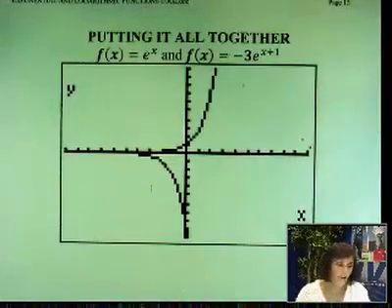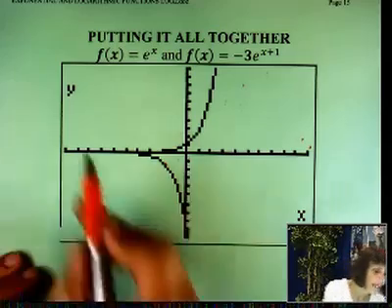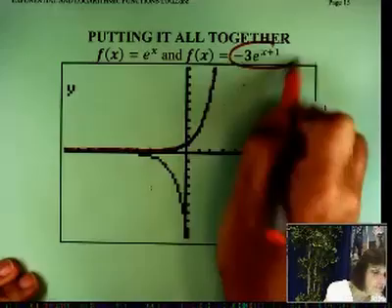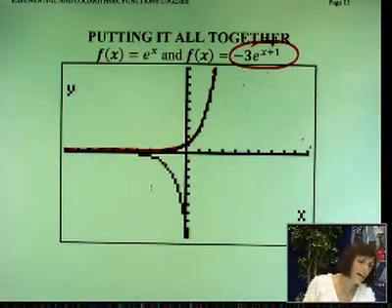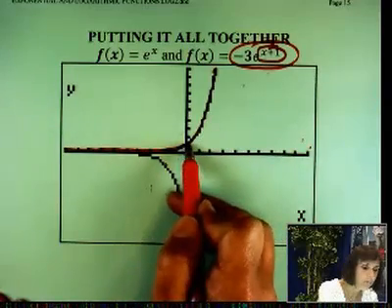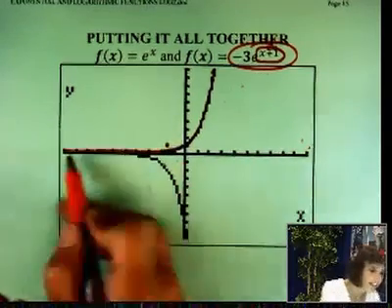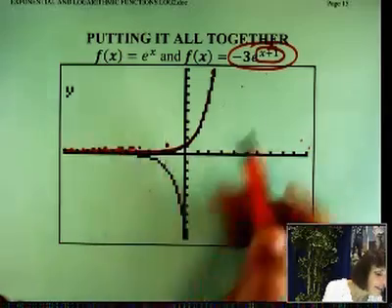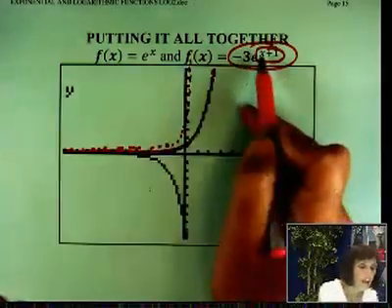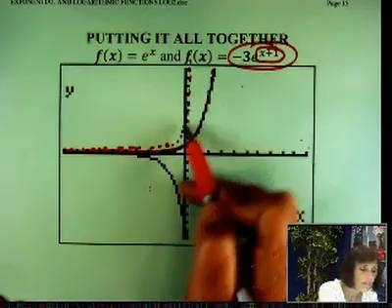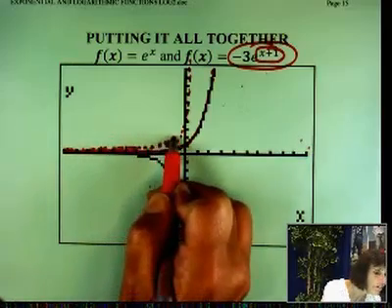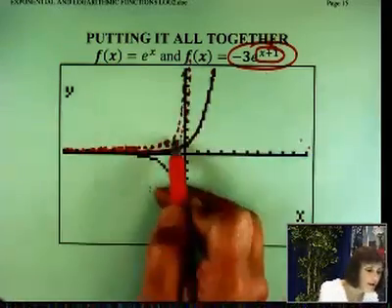Okay, let's put it all together. What's that mean? Let's take my e to the x, and let's do all this to it. What does that mean? Oh my God. All right. What this will do is it's going to move it to the left one point. So it's going to move like that. Move to the left. And then negative 3 multiplied by 3, so it's going to become even steeper, right?